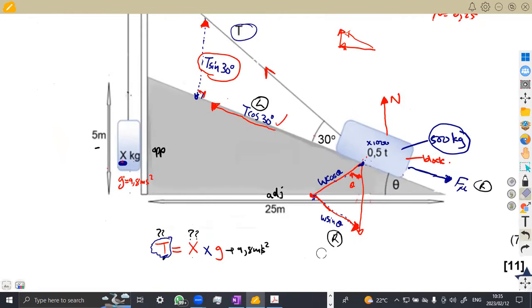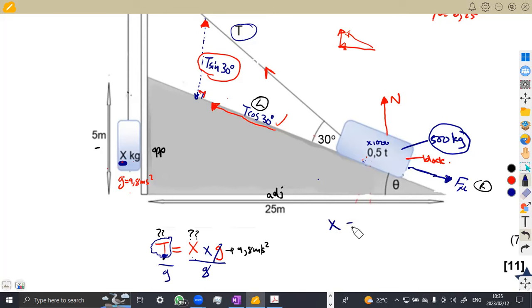So that means we can substitute all this here to calculate now the value of x, because t is equivalent to x times g, and we obtained t. So to calculate x, just divide by g. So x is equivalent to t over g, which is our tension.